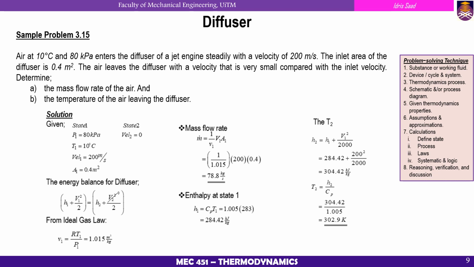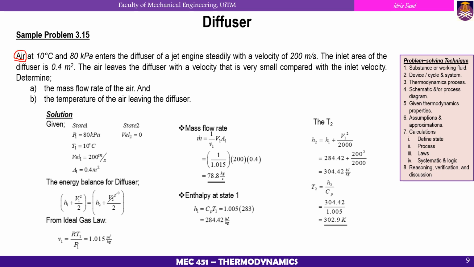Okay, and this is sample problem 3.15, which is used to demonstrate the way to apply the energy balance for a steady flow process for the diffuser. Let us see the question. Alright, the question says, first, air. Now our substance is air.